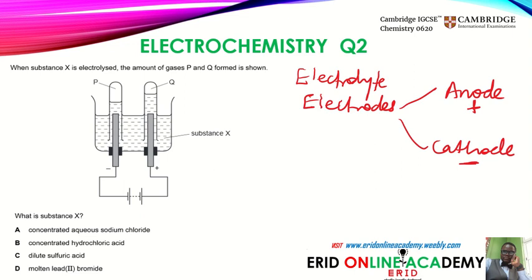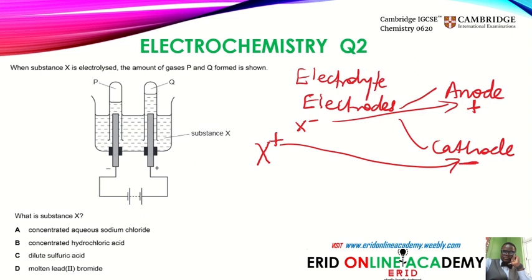Just a very quick thing here, the basic principle for electrolysis: your positive ions migrate towards the negative electrode, while your negative ions will migrate towards the positive electrode.